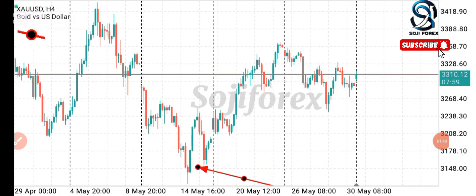You see price buying all the way to this point. Then there is a seller's reaction that prompts price to sell, and then a buyer's reaction again causing the price to begin to buy to the upside. So each of these zones is what we tend to refer to as support and resistance.